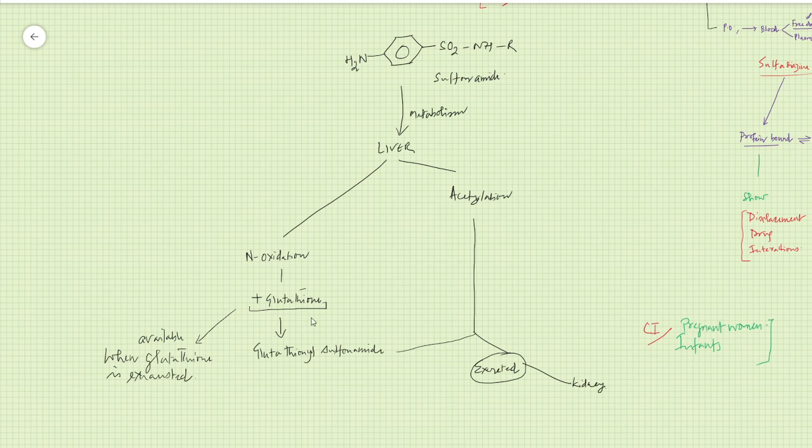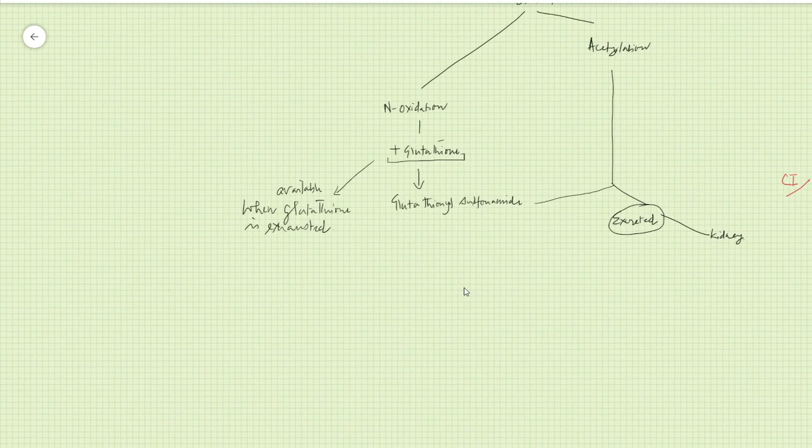Okay, meaning the store of glutathione in the body is completely consumed. Then what happens? This N-oxidated metabolite combines with the carrier protein, which can be albumin, and this combination acts as a hapten.